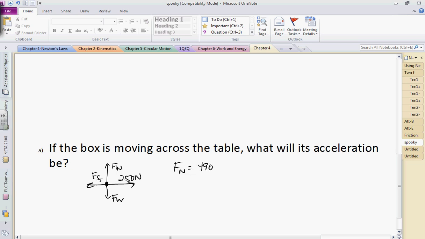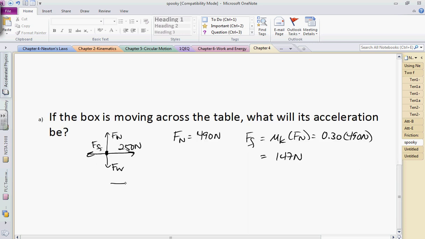So this normal force is 490 newtons. The frictional force, however, will be a little bit different because it is moving. We need to use our kinetic coefficient of friction multiplied by the normal force. So this will be 0.3 times 490 newtons. And so that force of friction will be 147 newtons.